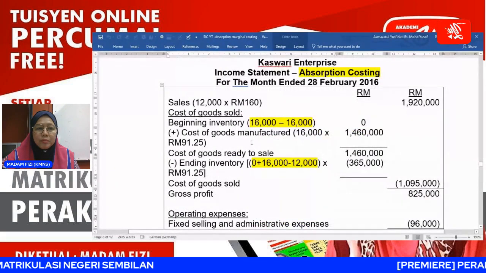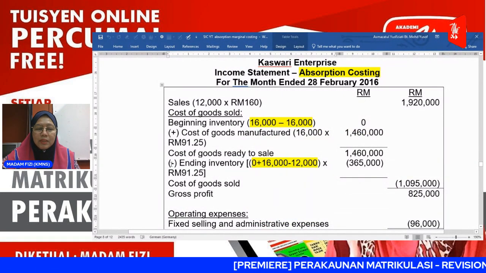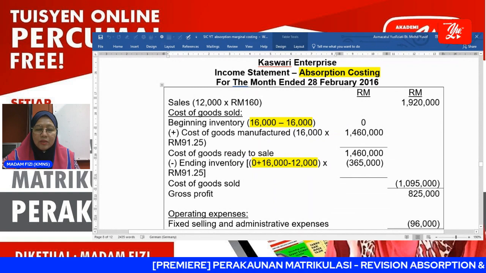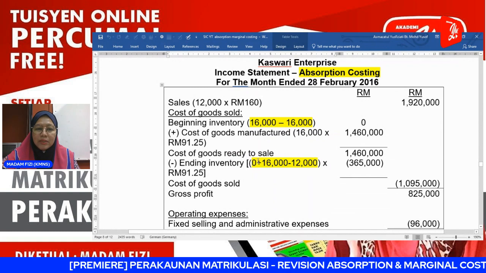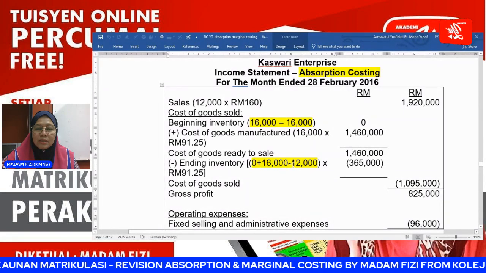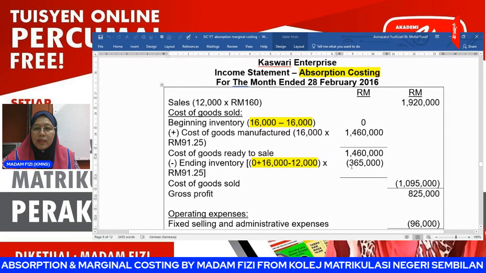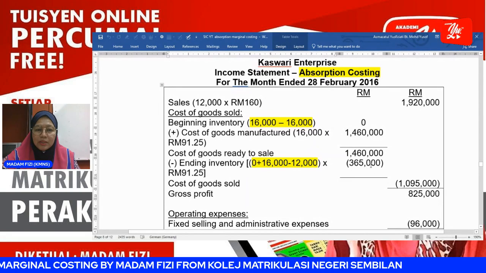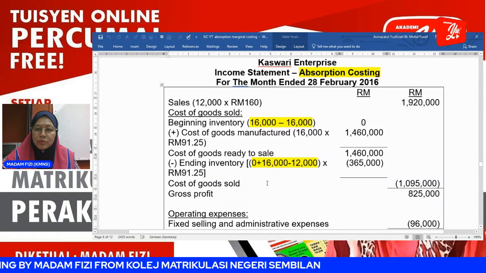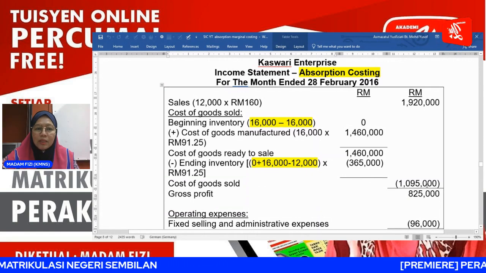So, we continue. Plus cost of good manufactured and minus ending inventory. So macam mana nak kira ending inventory? Tadi the beginning is kosong plus the production 16,000 minus the sales 12,000. Okay, and then you get 365,000. So cost of goods sold equals to 1,095,000.